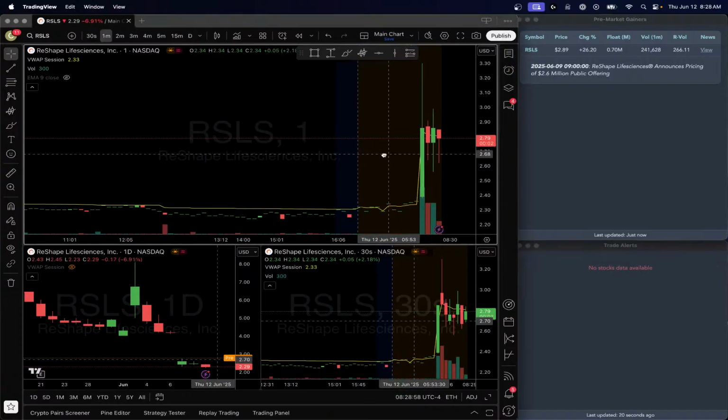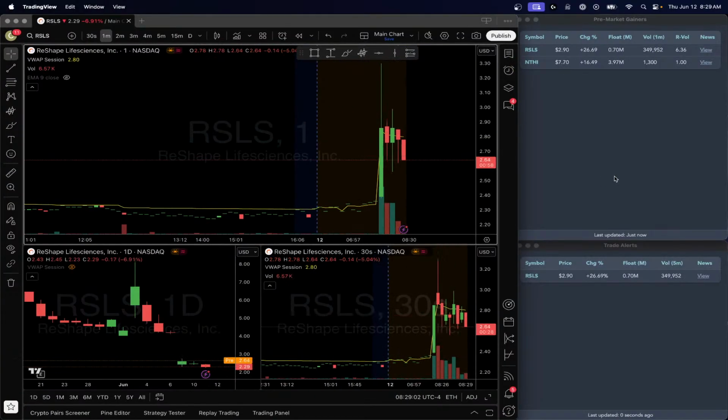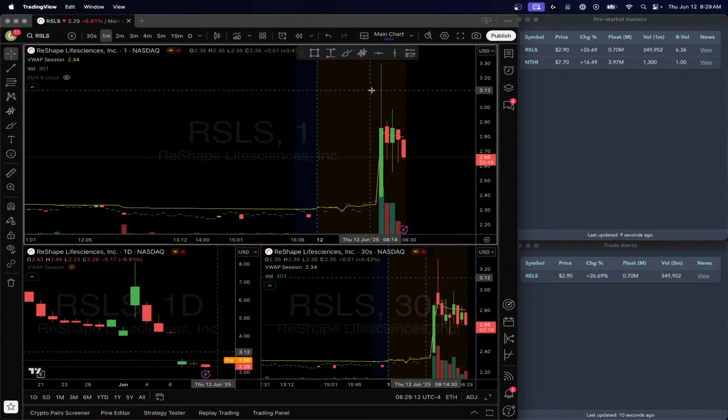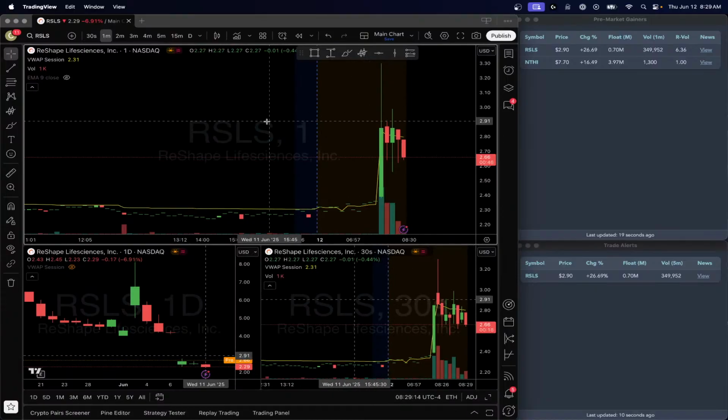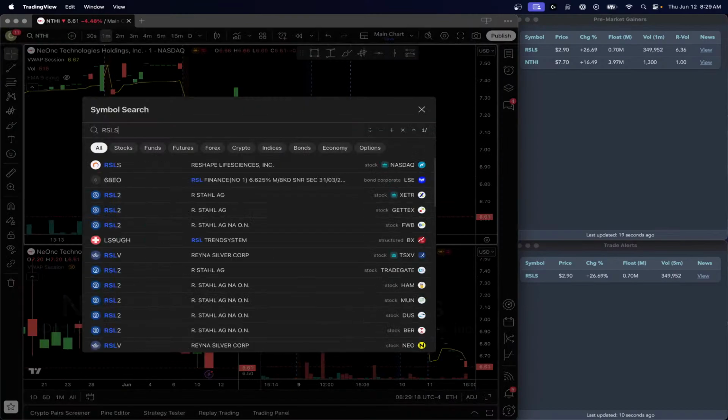Now what I'm looking for is for the volume to stay in there. See, RSLS showed up again. We have a float of 0.7 million. I mean, that's a float of like 700,000. That is kind of low. RSLS, NTHI, nothing, RSLS.